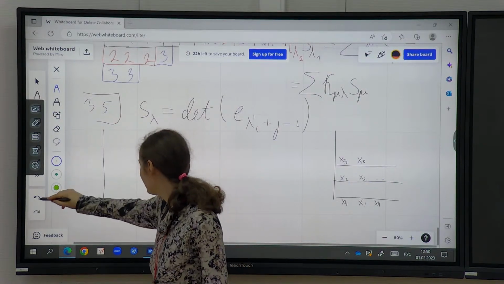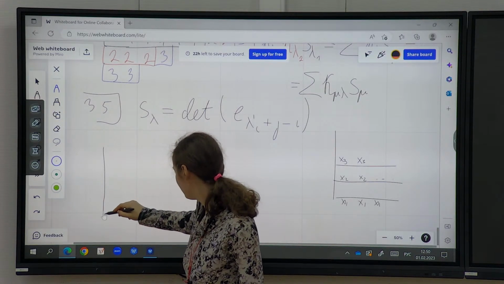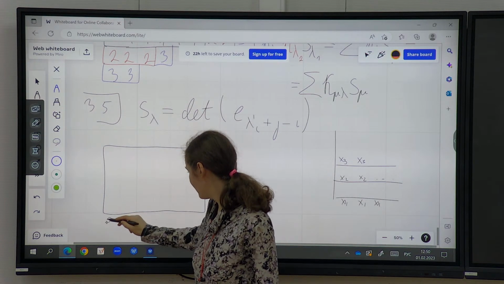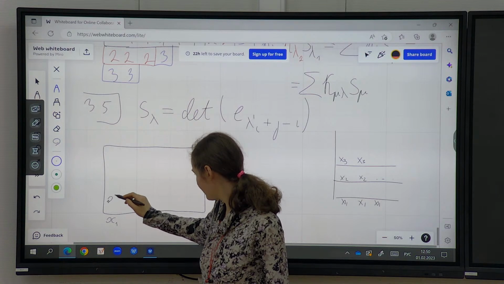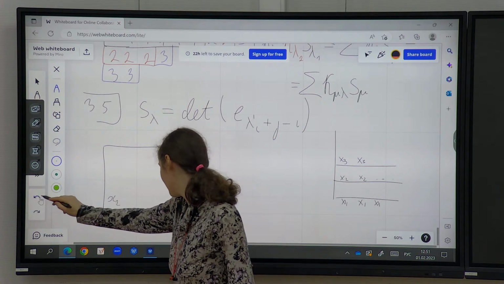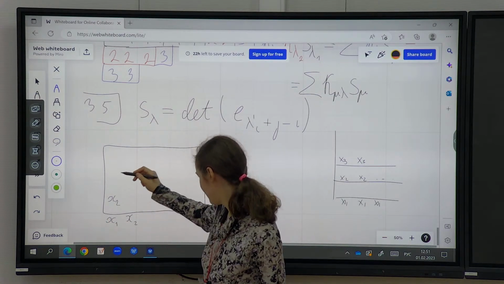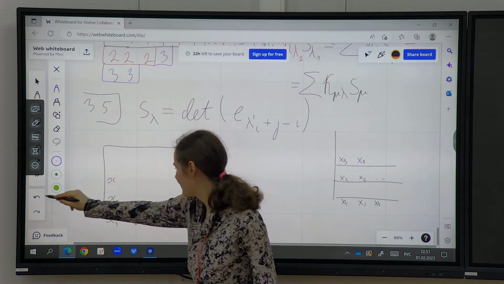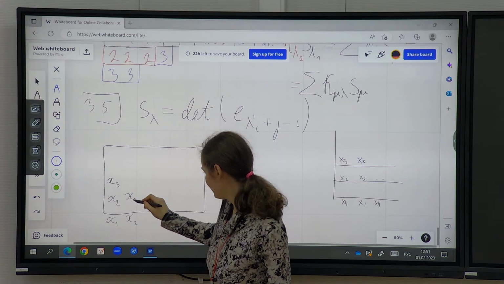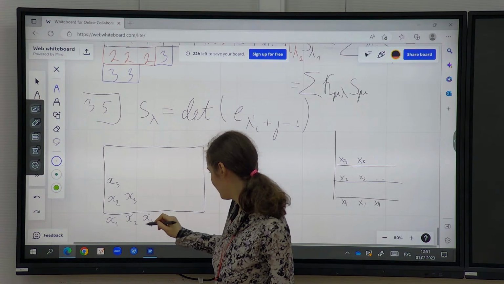So the weights can be introduced like this. We have x1 here, x2 on this diagonal, and x3 on the next diagonal, and so on.